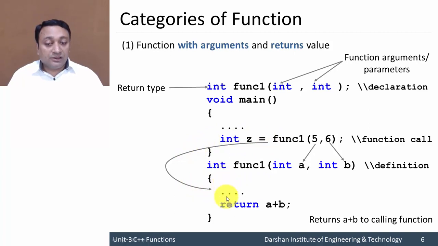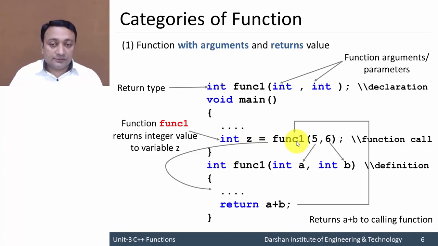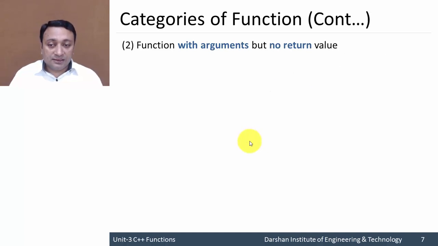Once you finish all the statements of the function definition, control will return to the actual call, and the value returned by that function we need to store in another variable, and then we can use it further. So function 1 returns an integer value, so we have to catch, or we have to store that value into some integer variable. Here it is z. Second category, function with arguments but no return value.